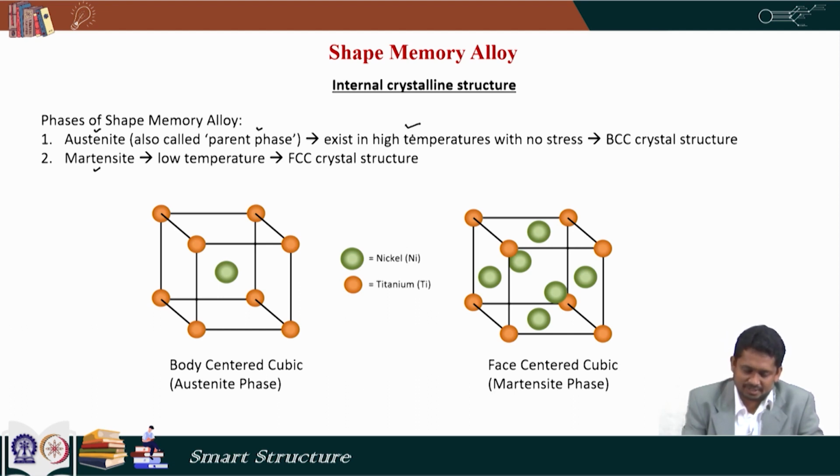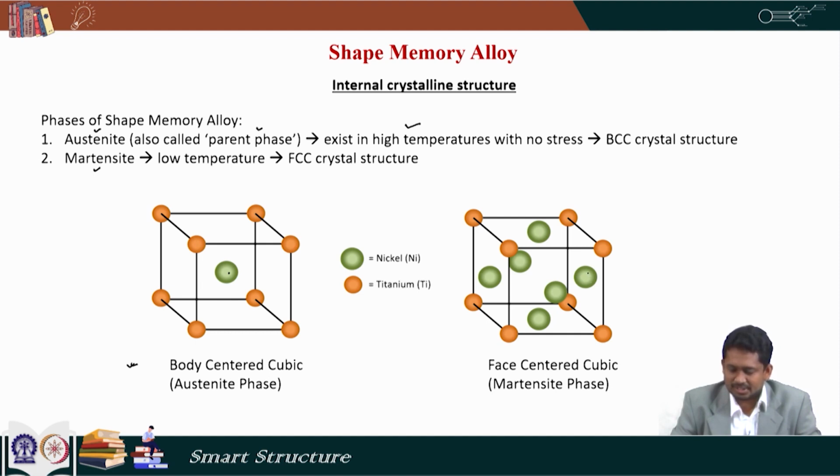In the austenite phase, the material shows a body centered cubic structure that is shown here. So, we have titanium and nickel. Nickel is at the center and titanium is at the corners. Whereas, martensite is stable at lower temperature, and martensite shows a face centered crystal structure.